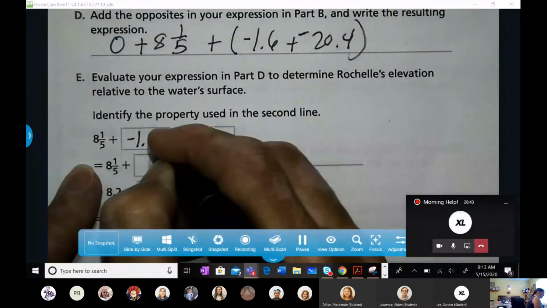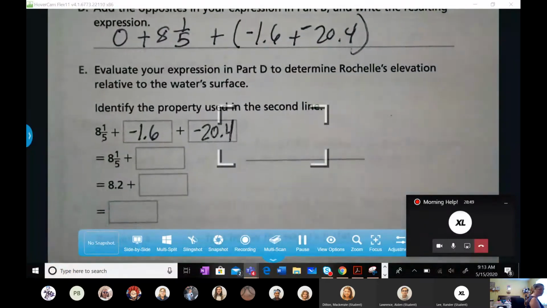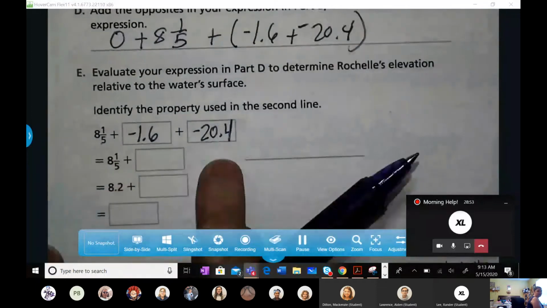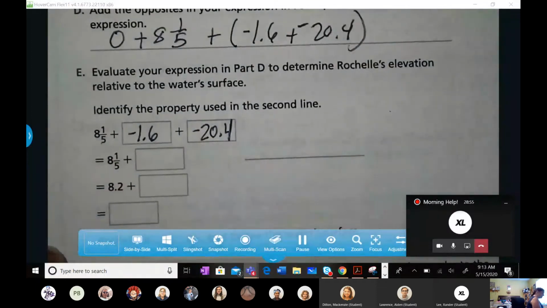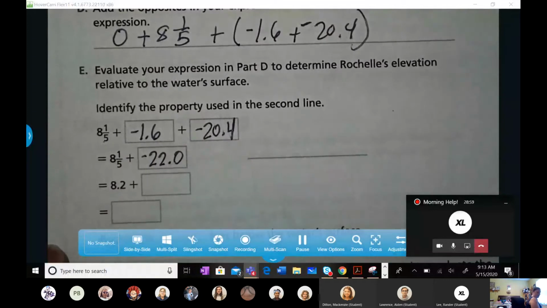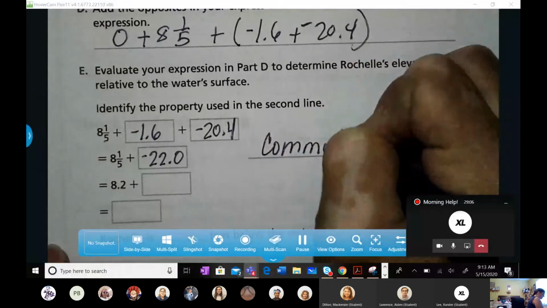So negative 6 and 1/10, negative 20 and 4/10. When we add those together, a negative and a negative, they're the same signs, so we're going to add them. That gives me negative 22. And then that property, because we rearranged again, would be the commutative property.